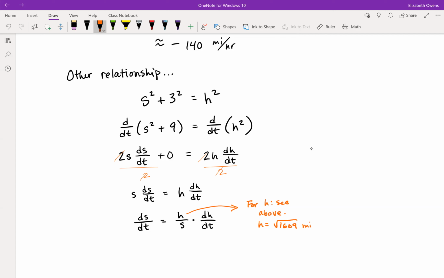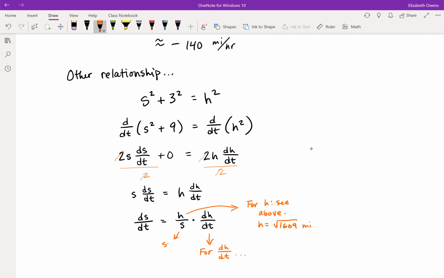But then we come to the interestingness of dh/dt. And that's the one where I am not quite sure how we would finish this problem out.